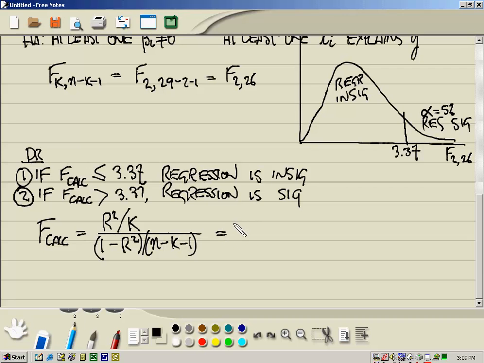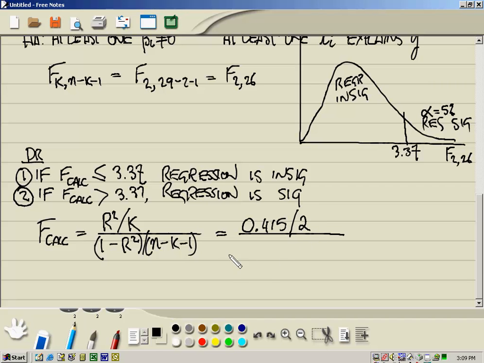Alright, above we had R squared was 41.5%. When we enter it in this formula, though, we change it back to a proportion, 0.415, and since the concept was already squared, we don't square it again.